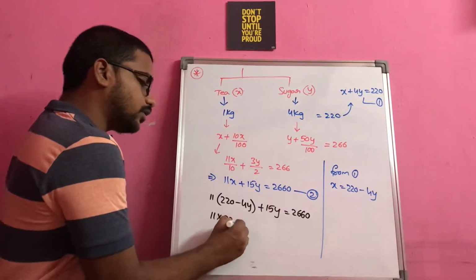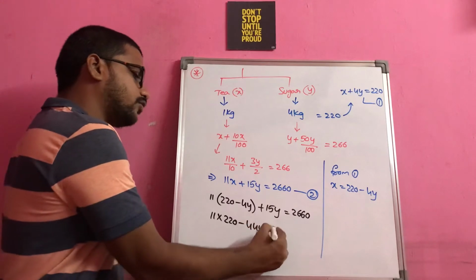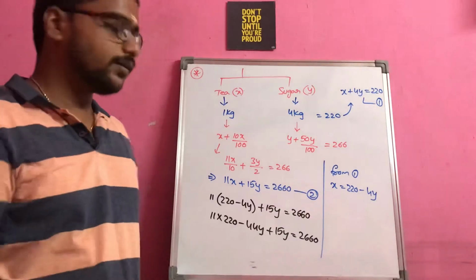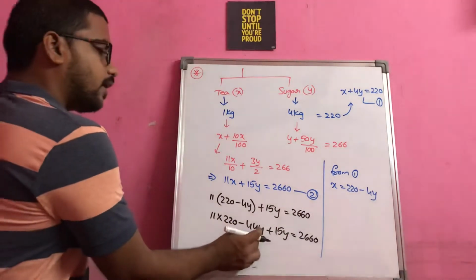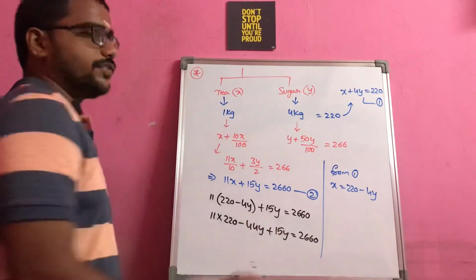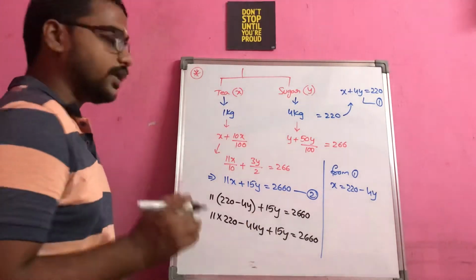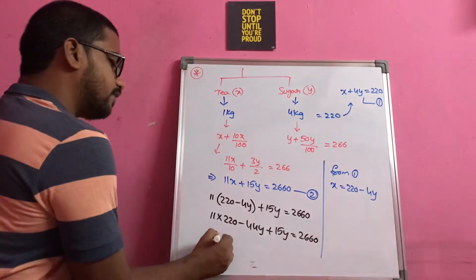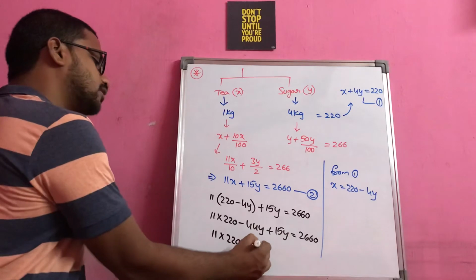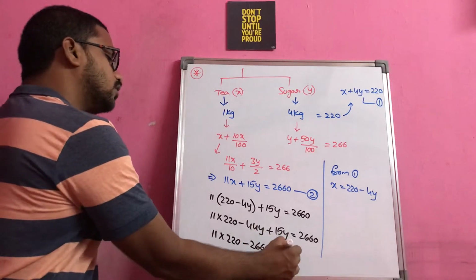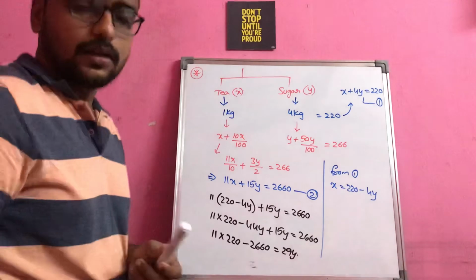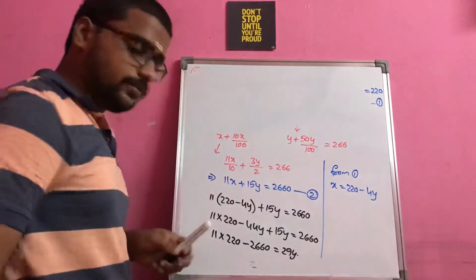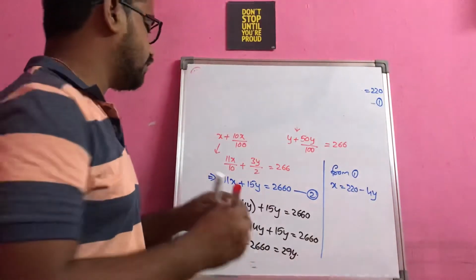So 11 into 220 minus 44y plus 15y is equal to 2660. Okay, so this is minus 44 plus 15, that is nothing but minus 29y. I will bring this term to this side and this term to the other side. 11 into 220 minus 2660 is equal to 29y I am going to get. Okay, so simplify this further. Simple calculation only. I can take 10 as a common factor from these two.